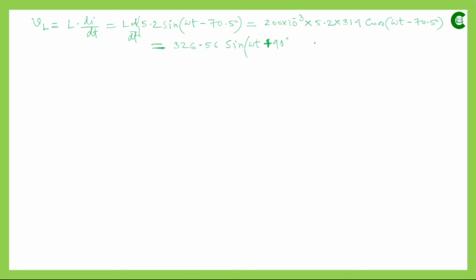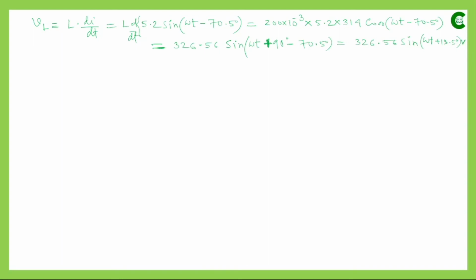So with respect to that, now we are differentiating. So cos omega t can be written as sine omega t plus 90 degree, and then we have to incorporate the phase difference also here. So finally it will be 326.56 sine omega t plus 19.5 degree, and this is volt, since we are dealing with voltage.